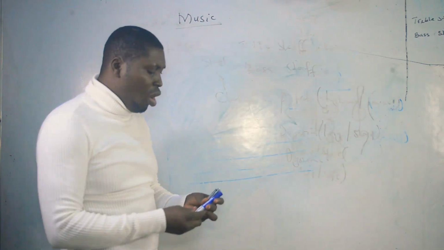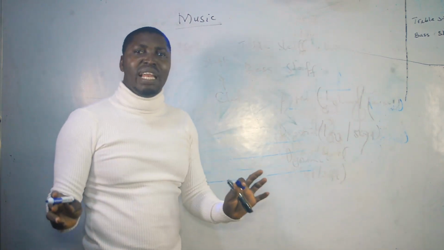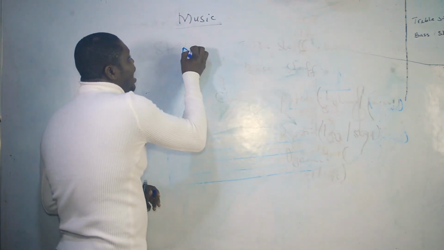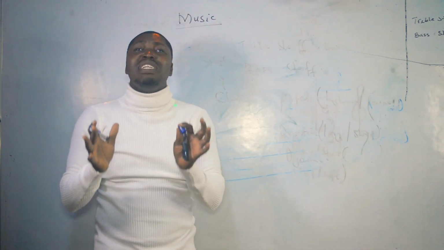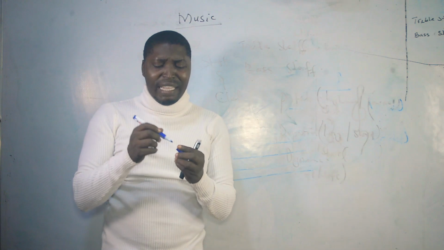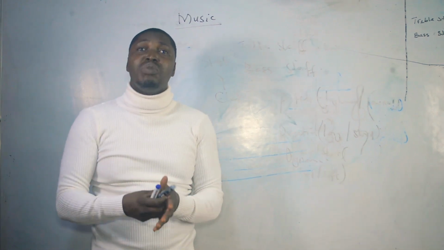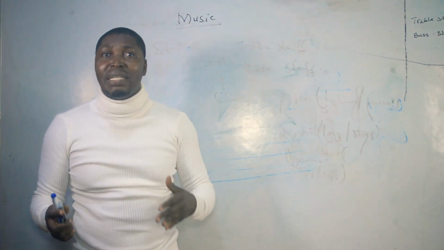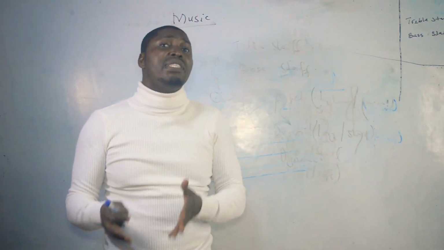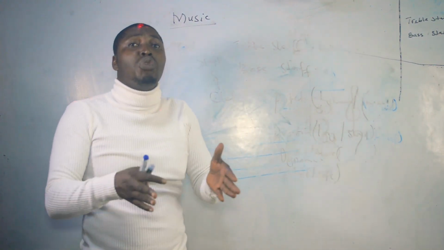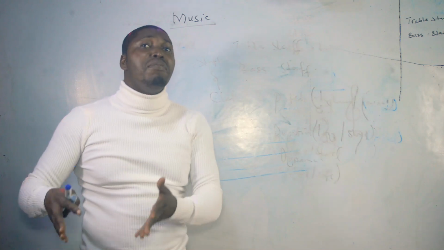So for us to go properly into the class, we need to understand that in music we have 7 alphabets, just like in your English language where you have 26 alphabets. This 7 alphabets is in relationship to the tonality of music.